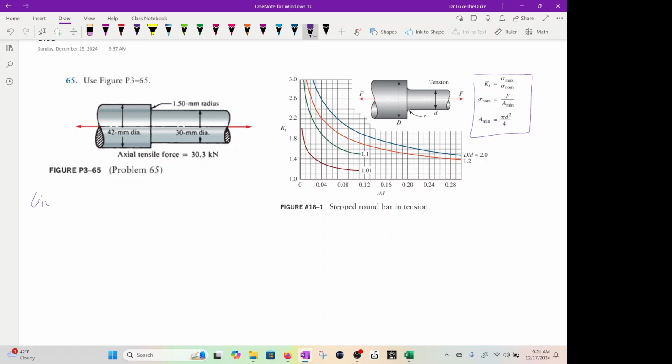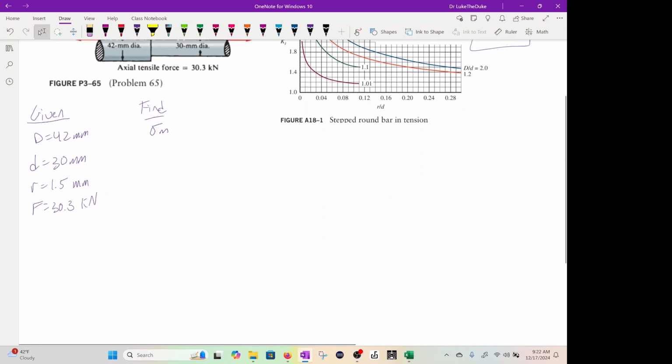We have given: D is 42 millimeters, little d is 30 millimeters, R is 1.5 millimeters, and F is 30.3 kilonewtons. We're going to look for sigma m. Here's our sketch, and then solution.